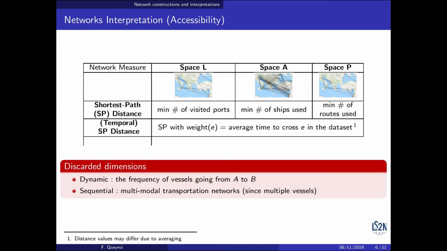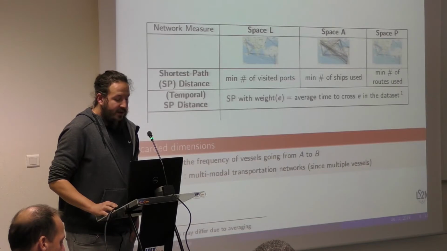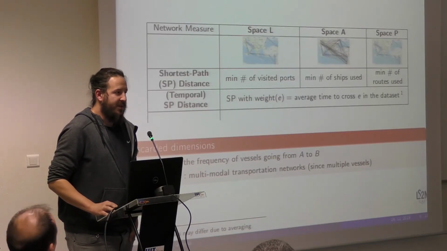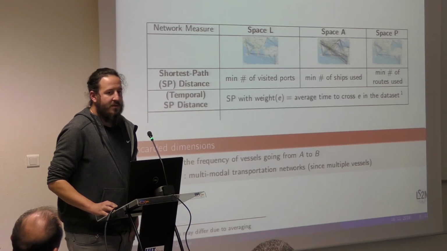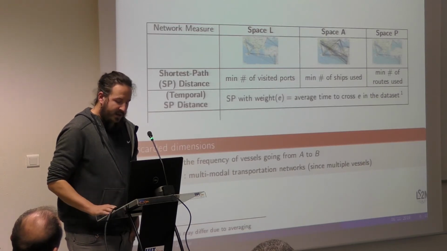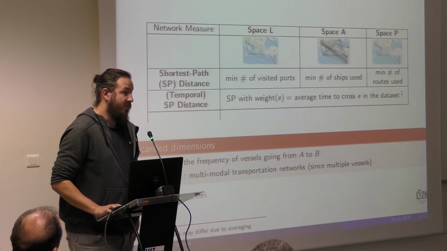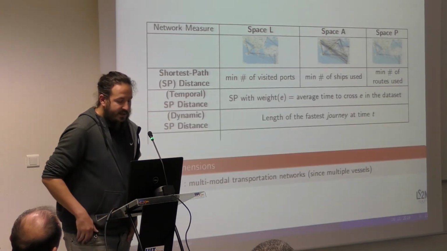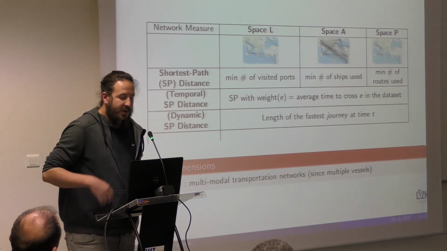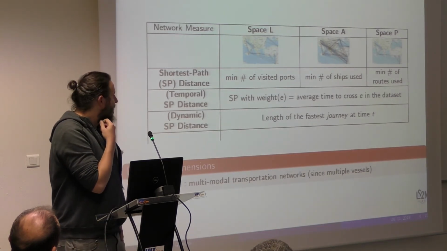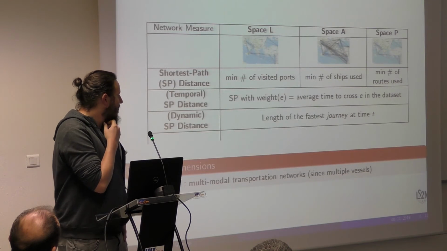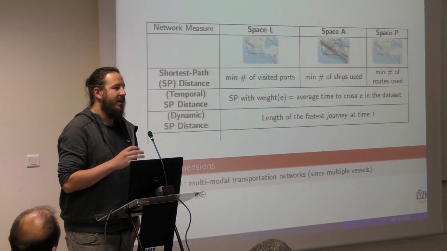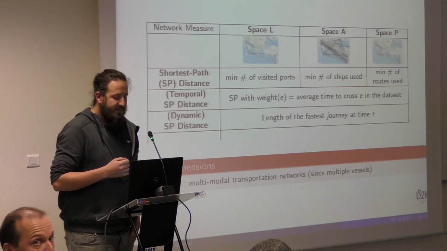But it still discards some relevant information, like the frequency of a link being taken, because the usage of ports in the world is far from being uniform. So one can take this information into account by, instead of looking at simple shortest path, looking at the length of the fastest journey that starts at a given time t.